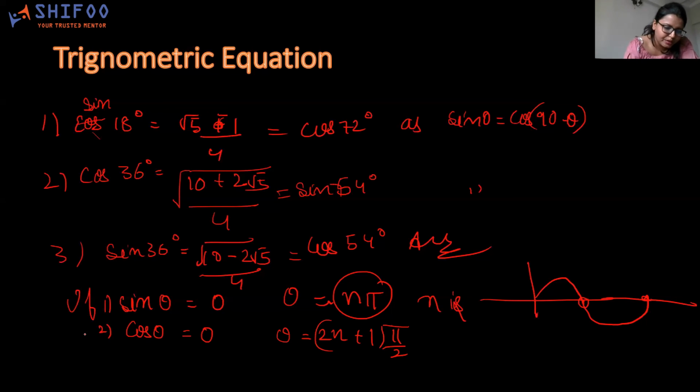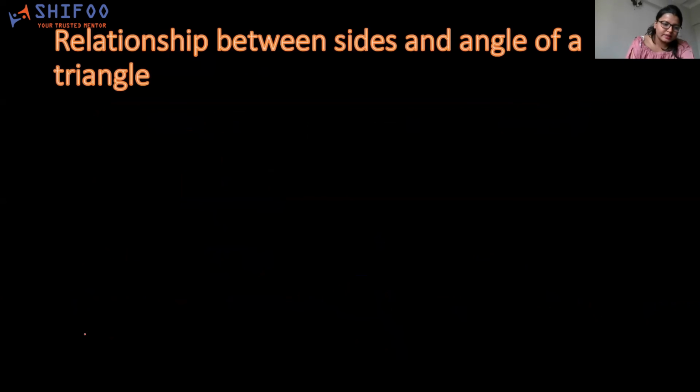Alright. So then you can move on to relations between angles and sides of a triangle. So let us consider any triangle ABC. If you see, this is angle A and the opposite side is a.